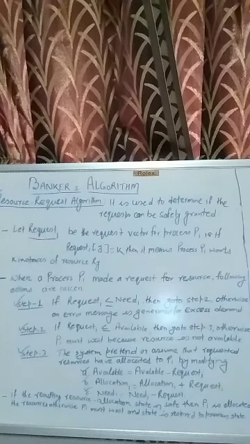If the resulting resource allocation state is safe, means again we have to use the safety algorithm to compute the safe state, and if the safe state is found, then Pi is allocated the required resources.